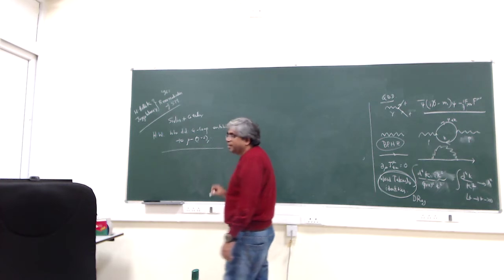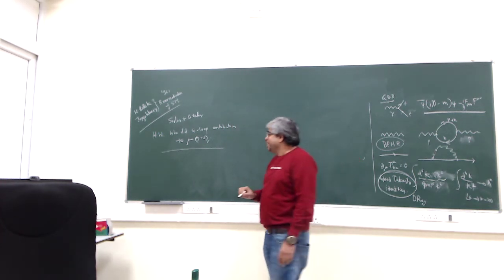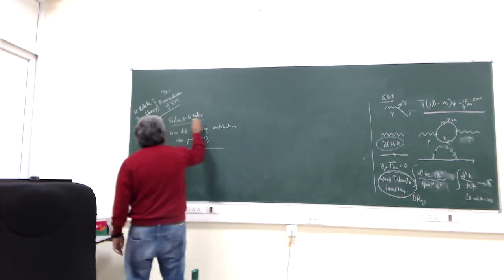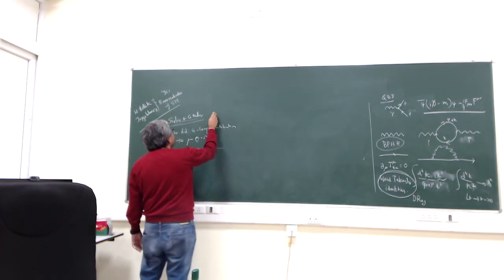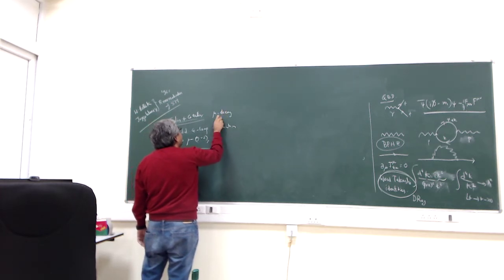He is a Japanese person settled in Cornell. That's all I'll say. He and Sirlin did this in the 1950s when they started computing one-loop corrections to muon decay.